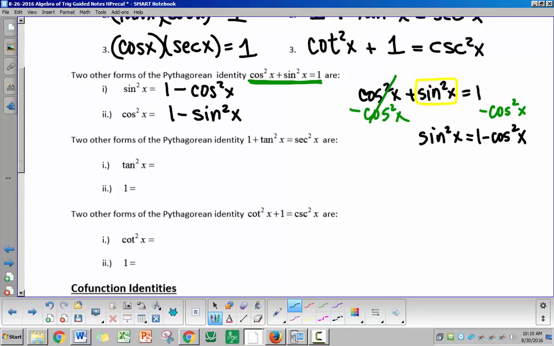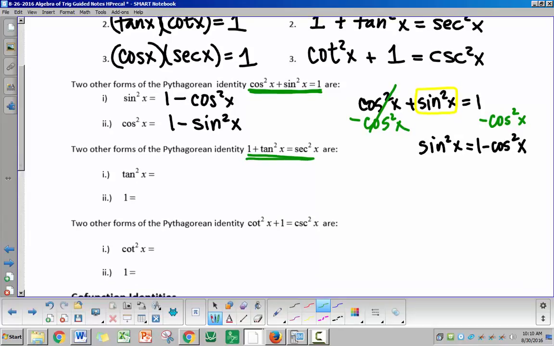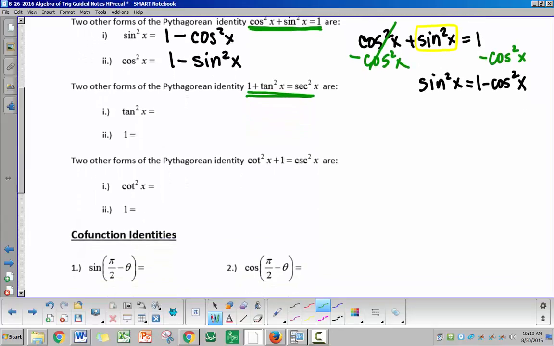All right, so using one of the Pythagorean identities above that we solved for here, the 1 plus tan squared x equals secant squared x. John, why don't you help me and tell me what tangent squared is equal to? Tangent squared x is equal to secant squared x minus 1. Do you see that? You're just adding, subtracting the 1. Everybody see what happened?